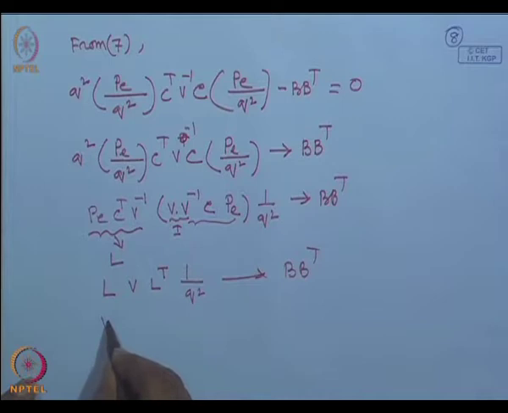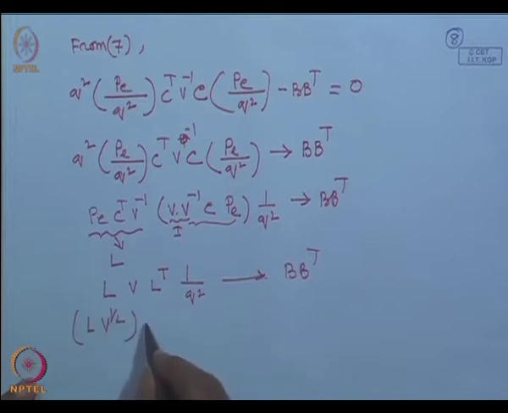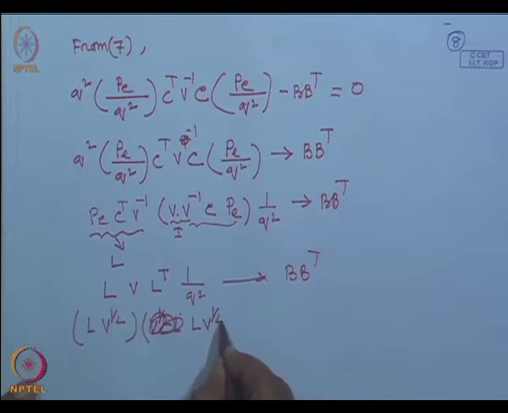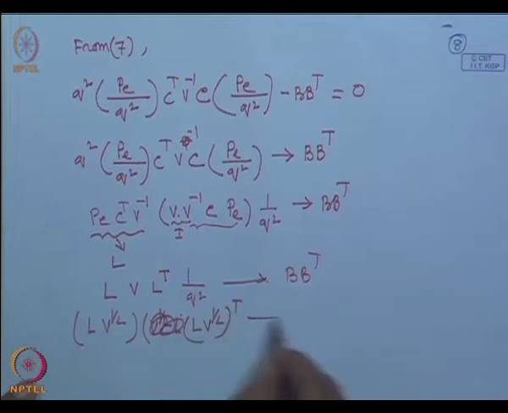So I can write V half L. V is a symmetric matrix, and I can write L V half whole transpose tends to B transpose.